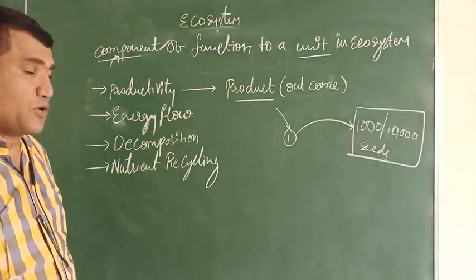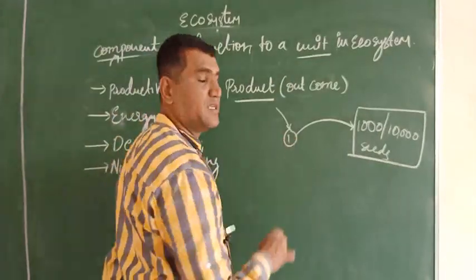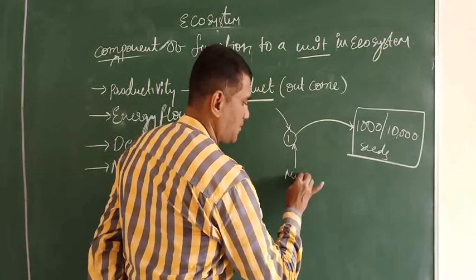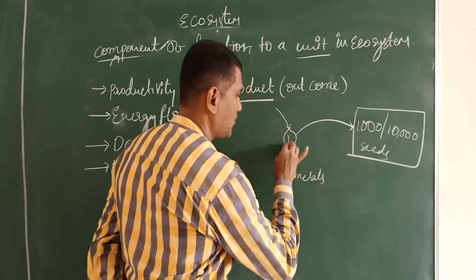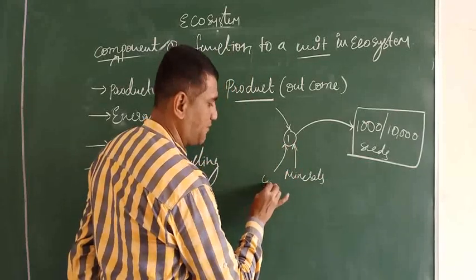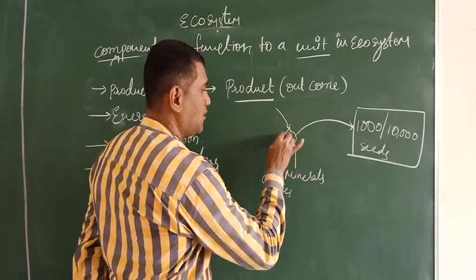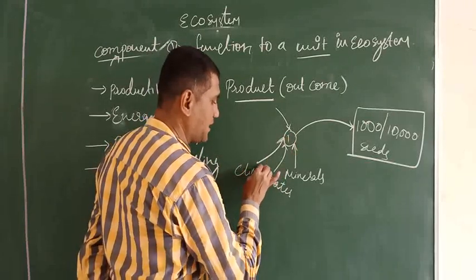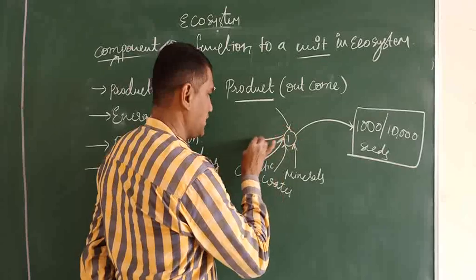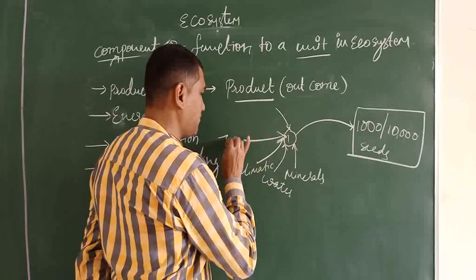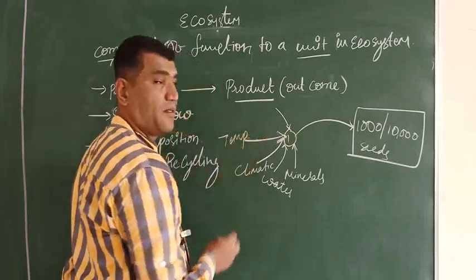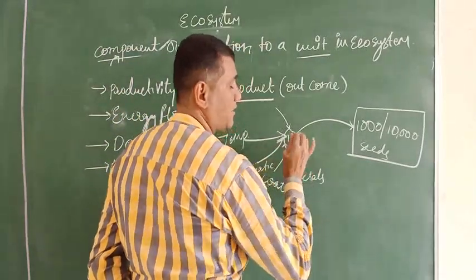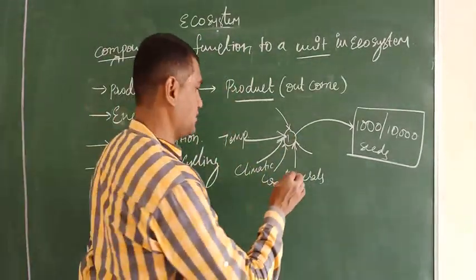So in order to get those seeds, this seed should be supplied with minerals. The seed should be supplied with water, and the seed should have certain climatic conditions. The seed should be supported with temperature and the other physical components like sunlight.